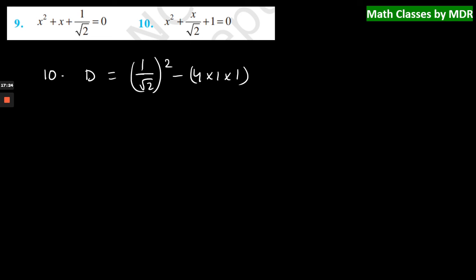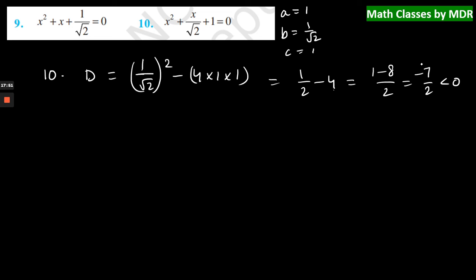The x squared coefficient is 1, the x coefficient is 1 by root 2, and c is 1. So you will see that 1 by 2 minus 4. Let me write it as 1 minus 8 by 2, which is equal to minus 7 by 2, less than 0.